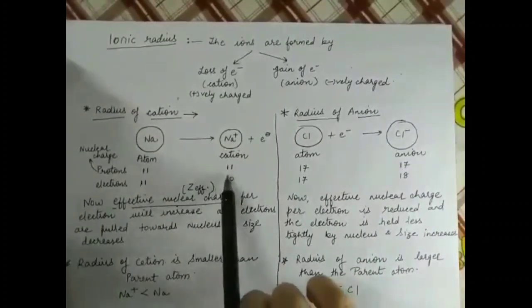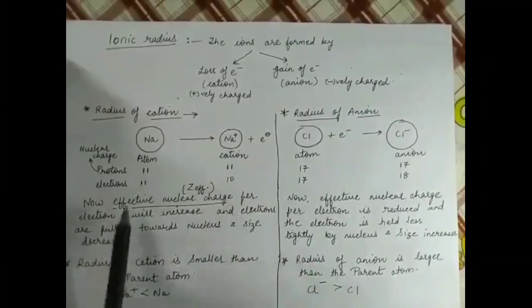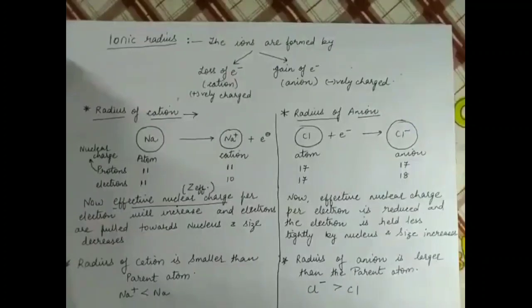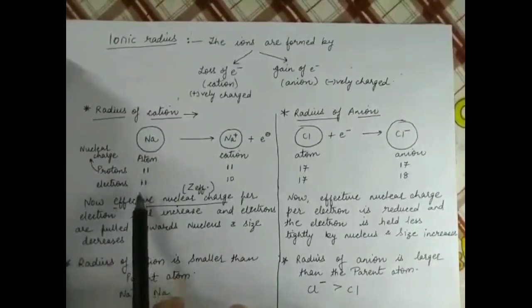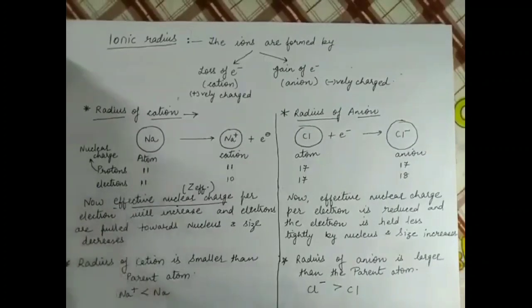The number of protons are still the same, 11, but the number of electrons are now 10. Now the number of protons is also known as nuclear charge. So listen carefully. In case of neutral sodium atom, 11 protons in the center are attracting 11 electrons.